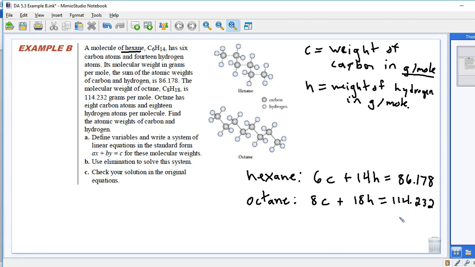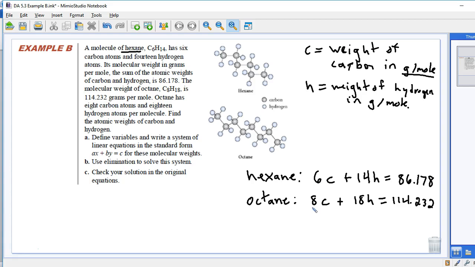So there's a problem. What we have to do is think about fractions and getting common denominators. Can I multiply this equation by something, and this equation by something, so that either the coefficient in front of C is the same, or the coefficient in front of H is the same? I can either use 8 and 6, or 14 and 18. It doesn't matter which you choose, but I'm going to choose 8 and 6 because they go together a lot easier than 18 and 14.